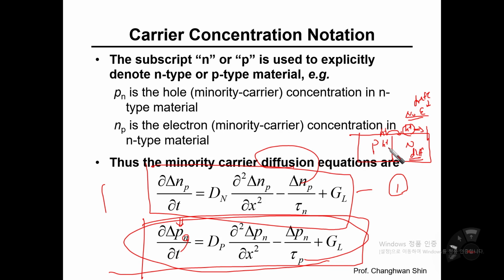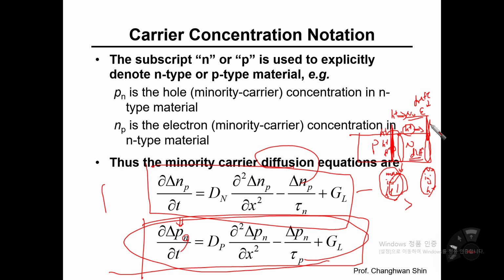Physically, many holes are now injected here, and here, no injected holes. So in terms of hole concentration, it would be higher near the PN junction side. So the holes diffuse toward the edge of the N side.